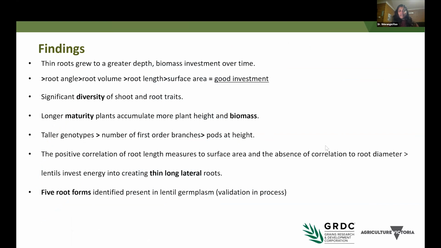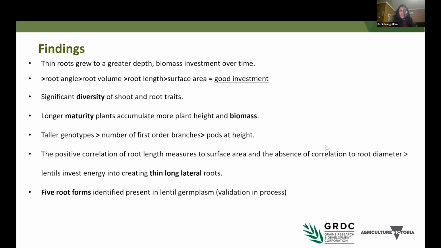So just quickly, a few findings from the 2 studies was that thin roots grew to a greater depth, and there was a lot more biomass investment in thin roots. These were mostly varieties that we initially got from Canada, like Commando, Aston. These varieties had a long maturity period. They put on a lot of biomass above ground as well as below ground, and the roots were deeper and thinner.